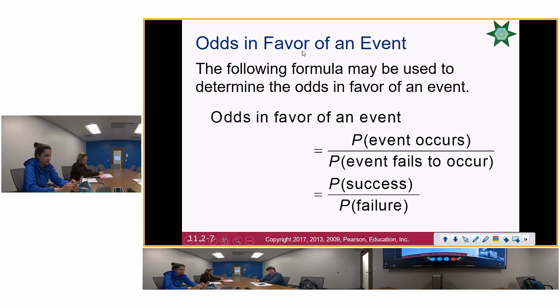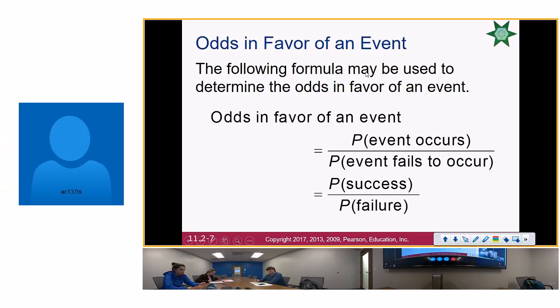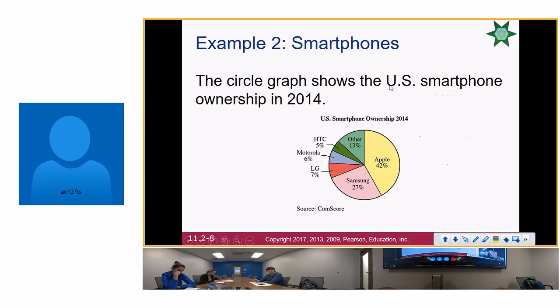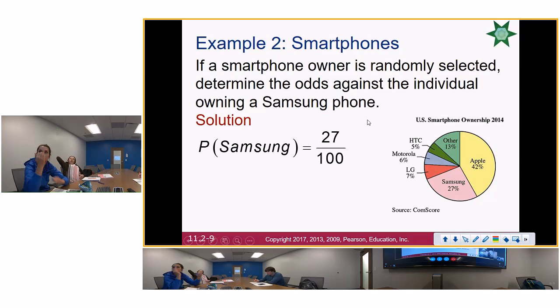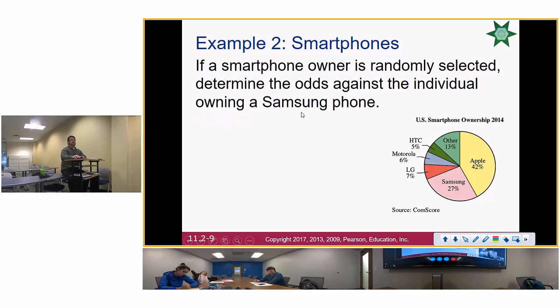Now, I don't need to go over odds in favor. Why do you not need to know odds in favor? Because it's just the flip of what? Odds against. So I'm not going to spend any time going over odds in favor, because if you know odds against, all you got to do is flip it. Oh, okay, this is a good question. I thought they were going to ask for odds.